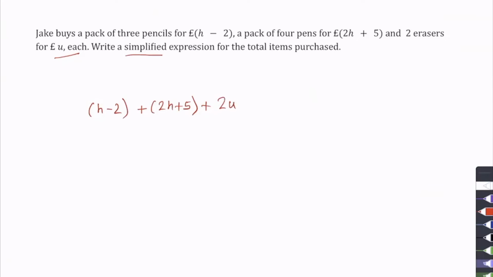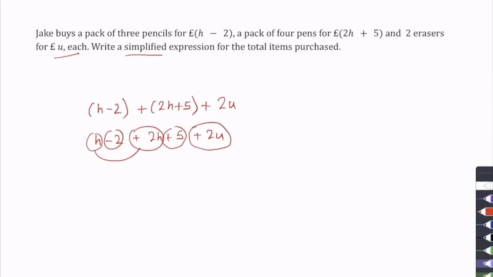Let's open up the brackets now. So we just have H minus 2 plus 2H plus 5 plus 2U. And if we place some circles around each of the terms, including the sign, we can look for the like terms. And I can see that I have an H and a 2H. So they're my H terms.